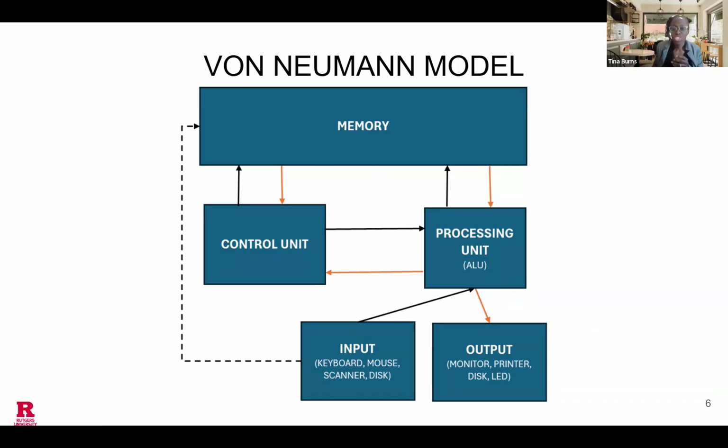This shows how the data flows back and forth between memory, your processing unit, the control flow, and then your input device. And like I was saying before, let me get my annotation here. These two components here are sometimes put together.